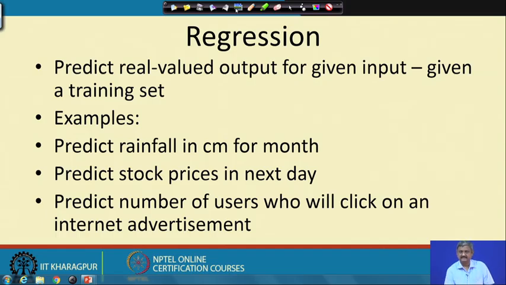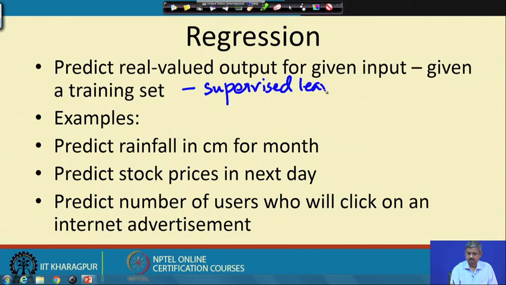And you still have a training set, so it is supervised learning also.